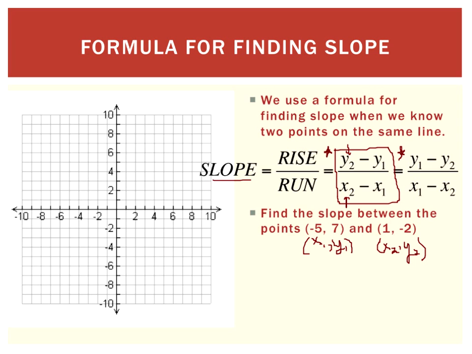And the second equation says you could also start with y1 and subtract y2, then have x1 and subtract x2, as long as whichever point you start with, you start with the same y variable and the same x variable in that point. So now with these 2 points, why don't you go ahead and calculate the slope. Go ahead, see if you can calculate the slope here.